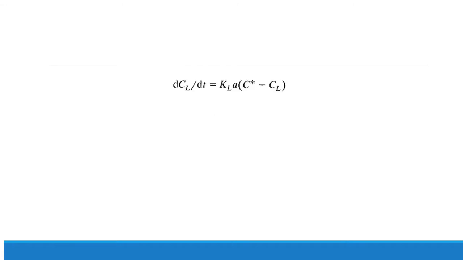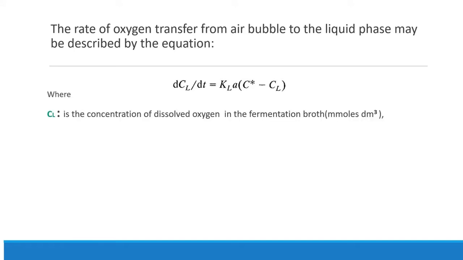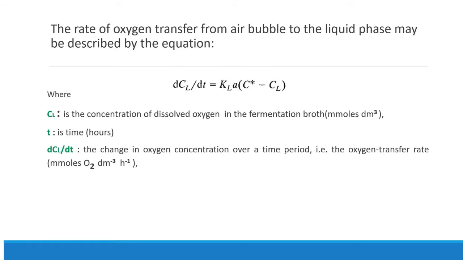The rate of oxygen transfer from the air bubble to the liquid phase may be described by the equation dCl/dt = KLa (C* - Cl), where Cl is the concentration of dissolved oxygen in the fermentation broth, and t is the time in hours. dCl/dt is the change in concentration over a time period, that is the oxygen transfer rate.